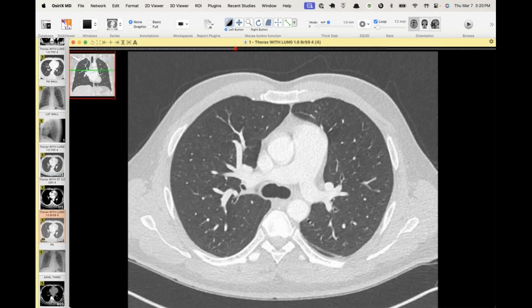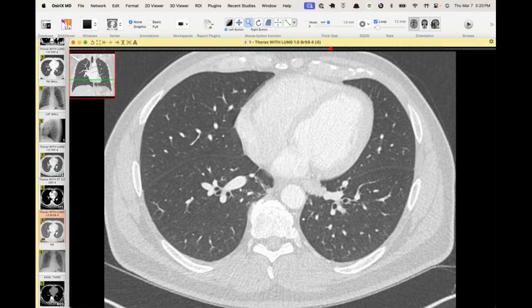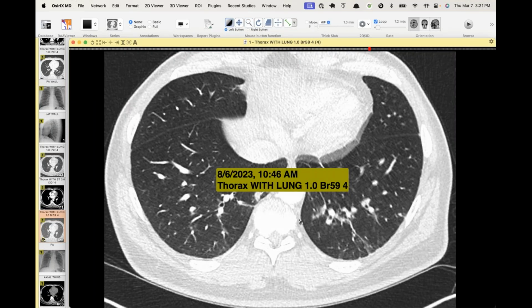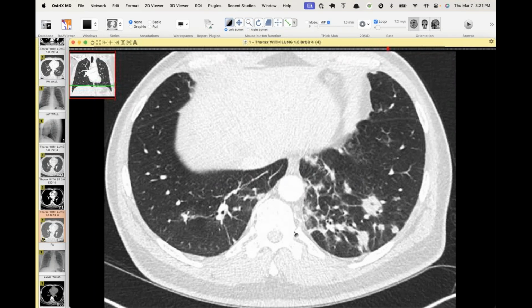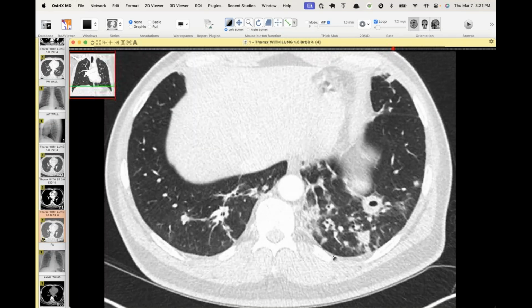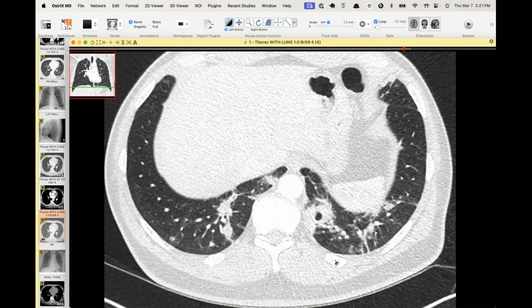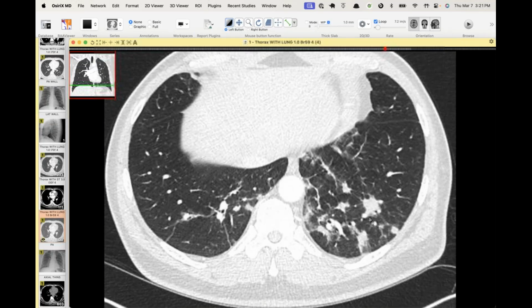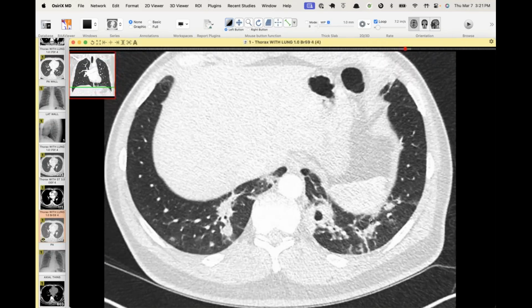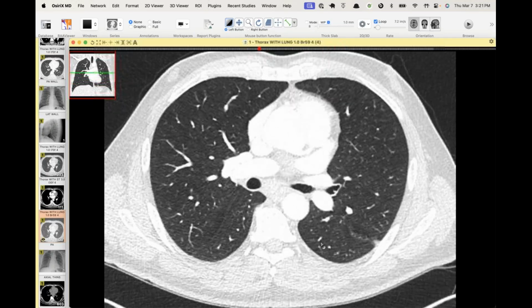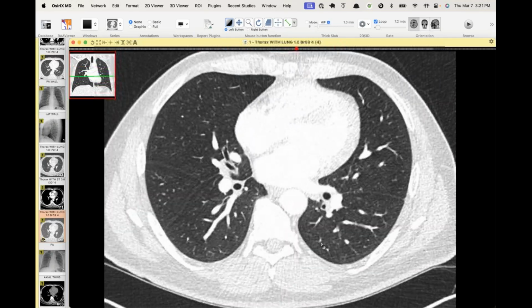And then here he came back, and I reviewed this outside study with one of the pulmonologists, because this is when they asked me, what do you think? This is 5 months later, and now some of that background of linear bands is there, but now he's got bigger nodules and some areas of consolidation, some areas of cavitation here. It's just really confined to the dependent lower lobes. He was not aspirating.